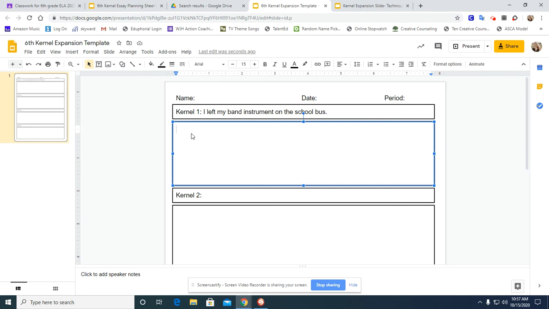So I want to use the tab button first, and I'm going to tab over to make my indentation. I'm going to type my paragraph, and while I do, I want you to think about what technique I am using from the technique slide that I just showed you. Am I using a snapshot, a thought shot, or the bada bing strategy?